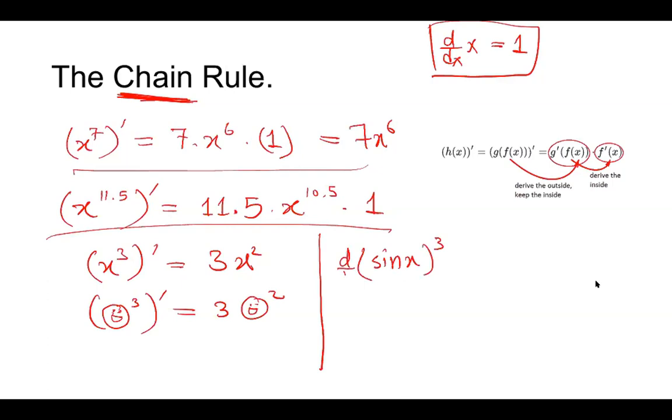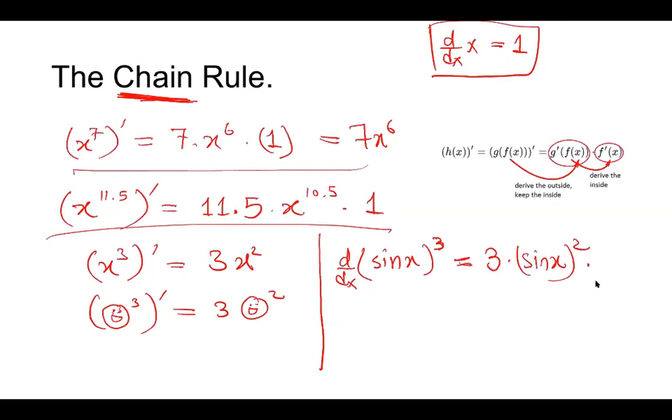Even though we have sine x, x can be anything. So I will simply consider x as sine x and use the power rule. The power rule says that the power, here we had 3, becomes the coefficient times x, but in this case x is sine x, squared.